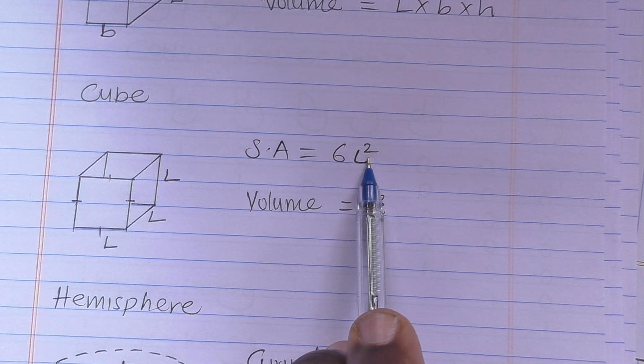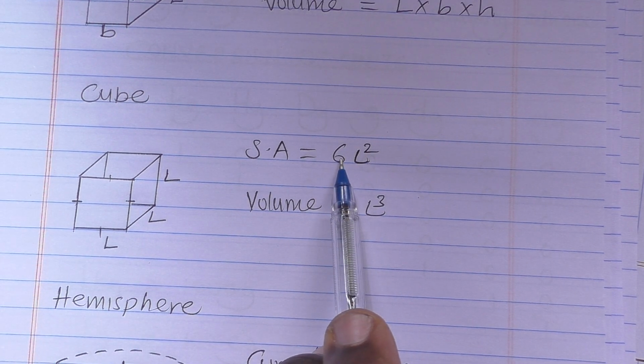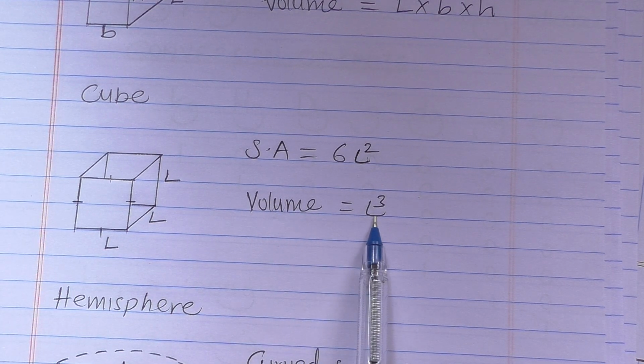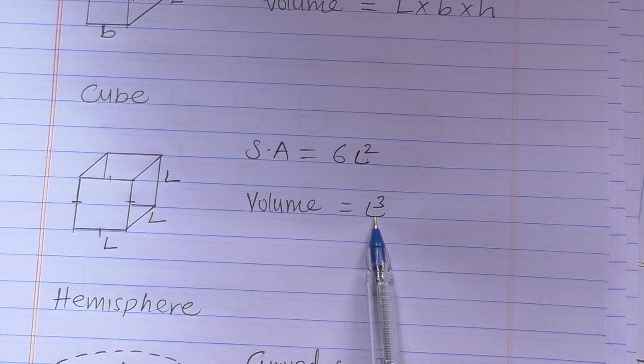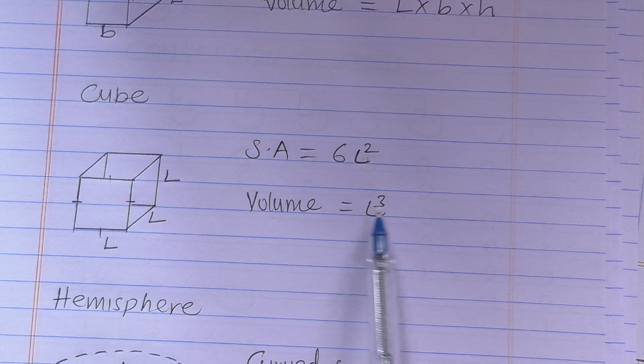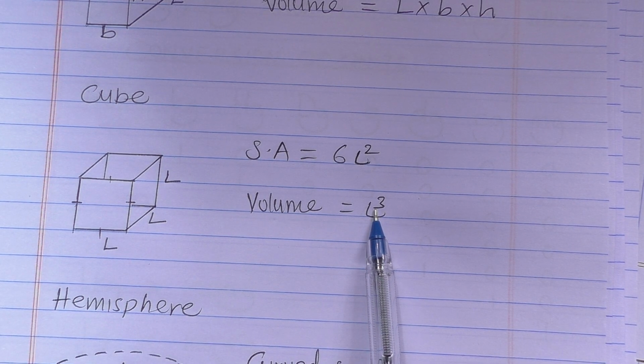Since all the faces have the same area, that's why we multiply by 6. Then its volume is given by L cubed. We could say L times L times L, or L times W times H, but they are all equal. That's why we just say L cubed.